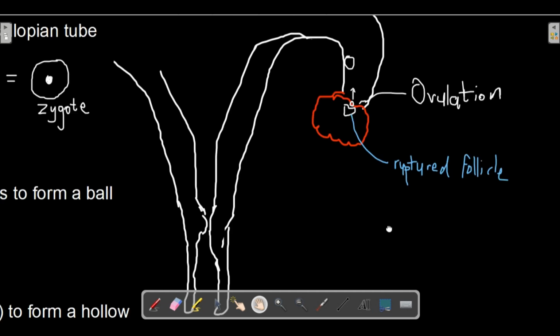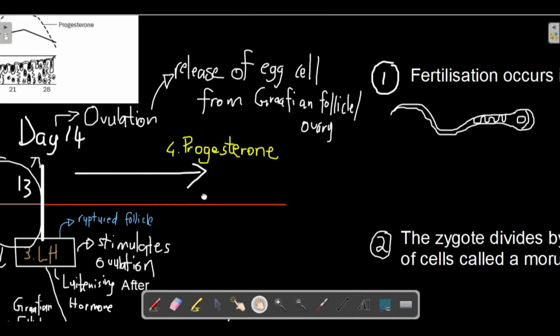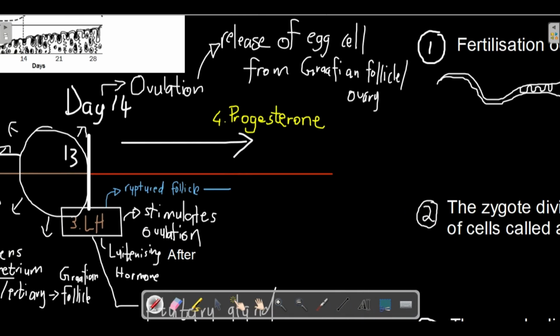Now, the ruptured follicle is transformed into another structure that we call the corpus luteum. And this transformation is done by the luteinizing hormone. So luteinizing hormone does two jobs again, guys. It stimulates ovulation, and secondly, it converts the ruptured follicle into the corpus luteum.